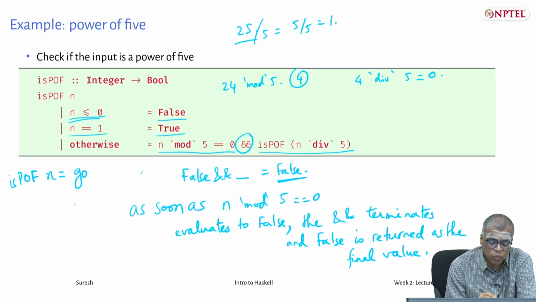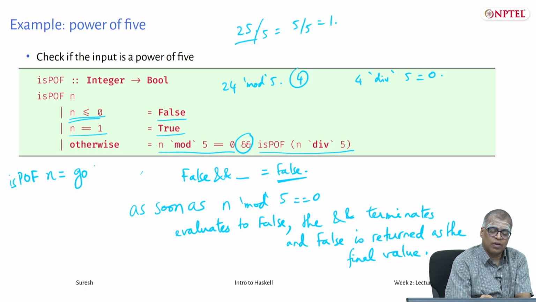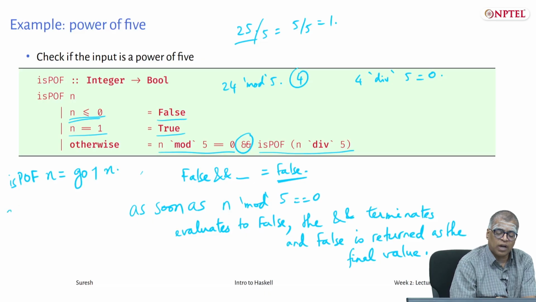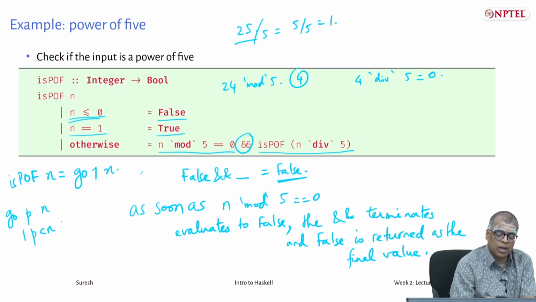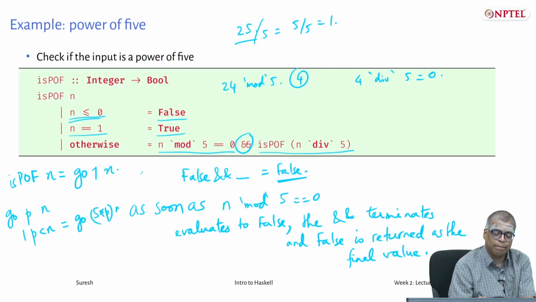I will start from 1, because 1 is the smallest non-negative power of 5, go 1 n. Okay. Separately, I will give a definition for go. Go p n is, if p is less than n, then I will try to do go 5 times p n. If p is equal to n, then I will return true. Otherwise, this means that p has gone beyond n, I will return false.